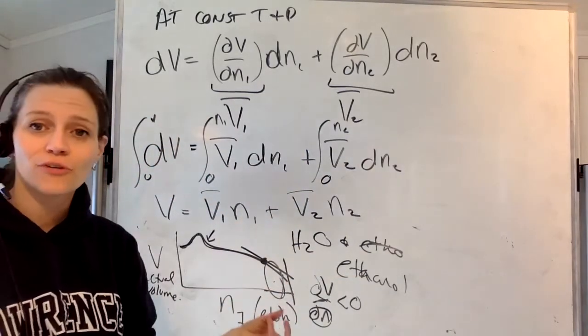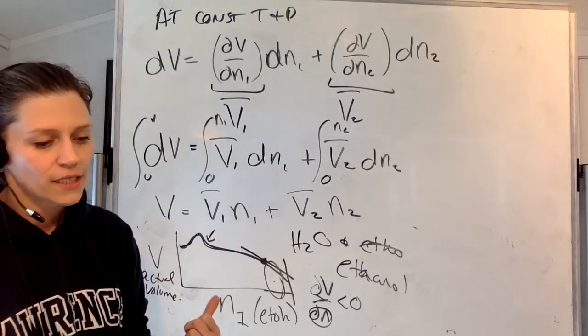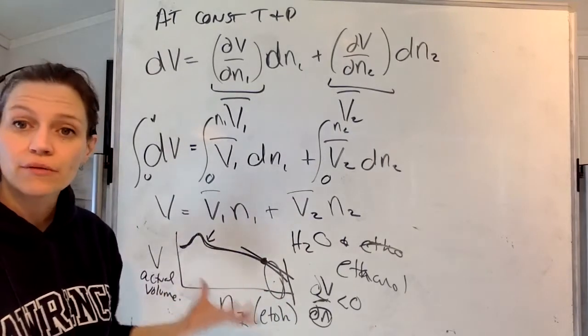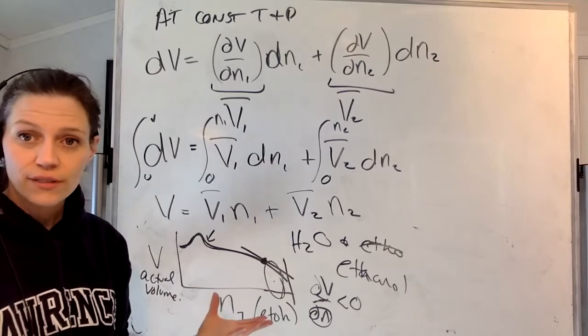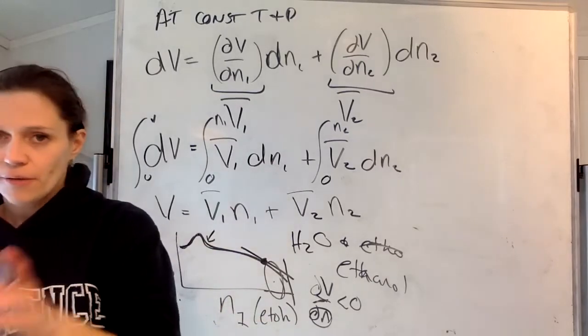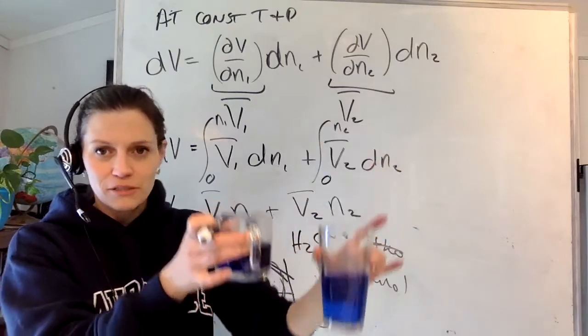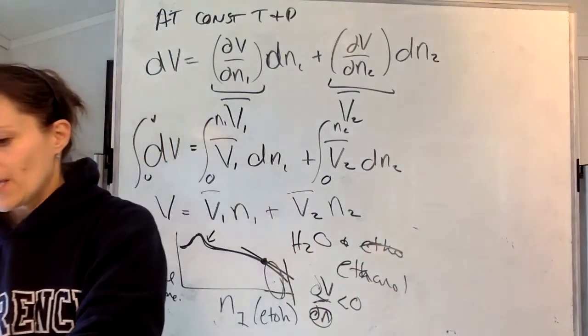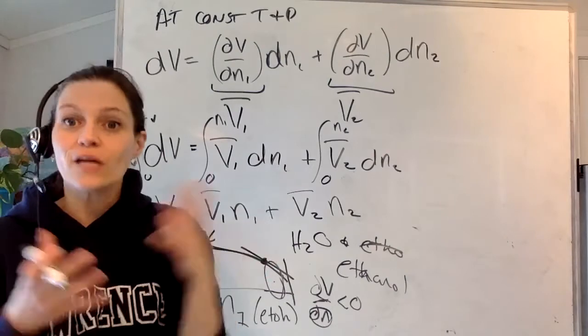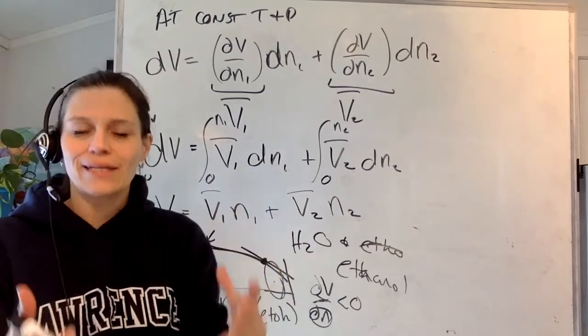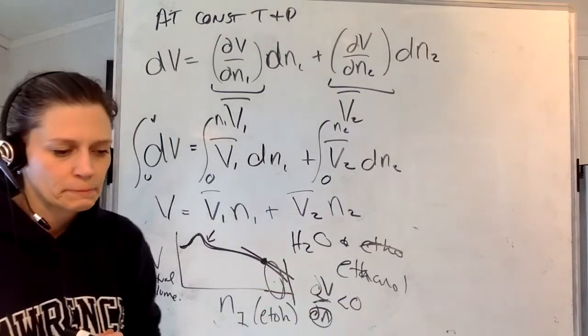So partial molar volumes can be negative. That's kind of strange, but this is a nonlinear relationship. So it's no longer the idea that if I add, from my earlier example, two amounts of clear liquid and blue liquid, I get a result of equal additive linear combinations.